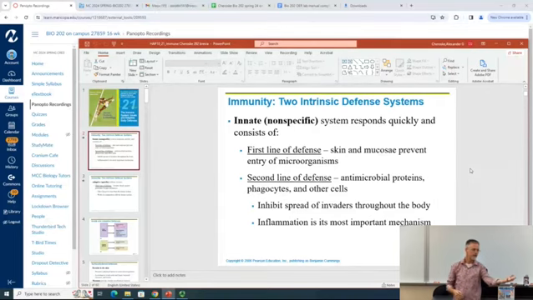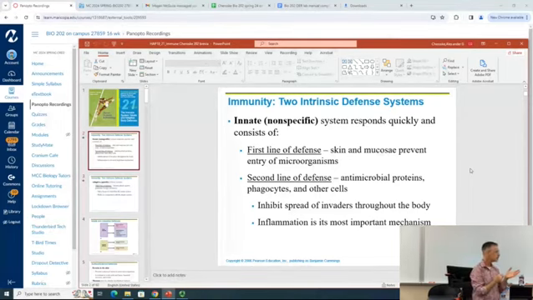And then by the end of the capillary, we have our blood colloid osmotic pressure drawing it back in. But the amount of fluid that we draw back in is a little bit less than what we pushed out. So because of that, there's some fluid that remains in the tissues that needs to be picked up and cleaned up. And that's the role of our lymphatic vessels that we discussed last time.